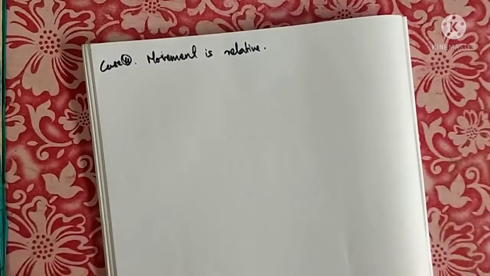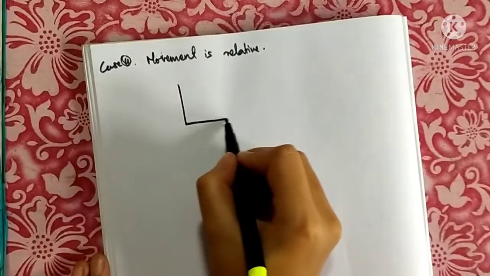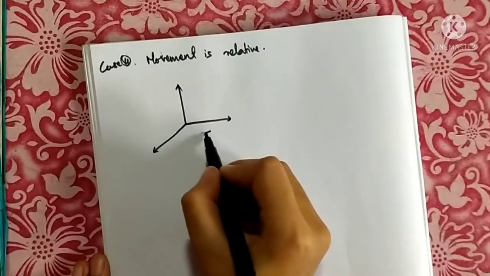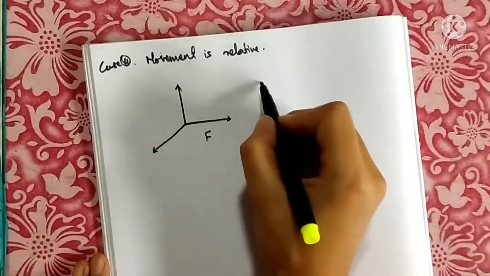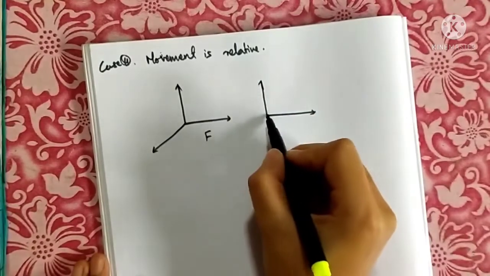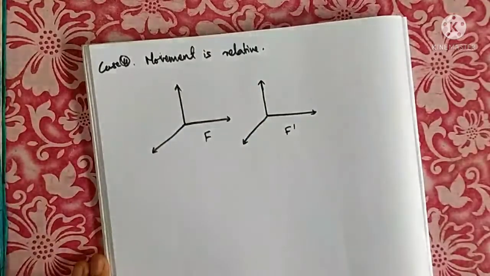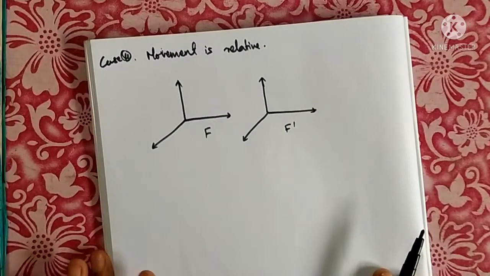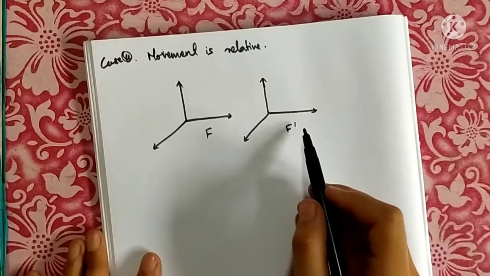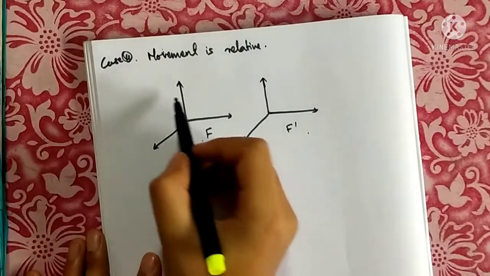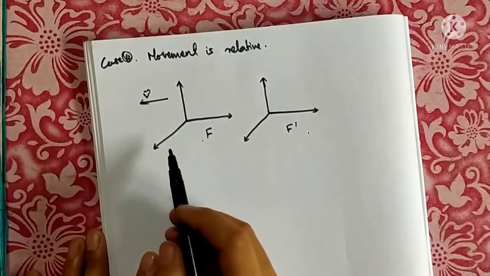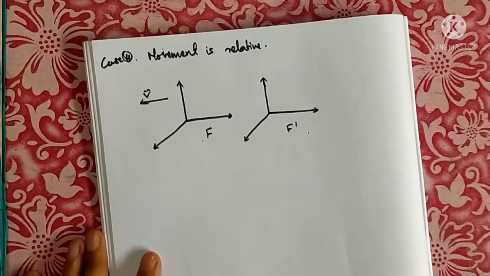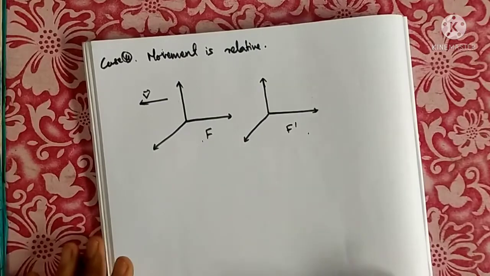Thus we can also say that frame F prime is stationary while frame F is moving with velocity v to the left along the x-axis.